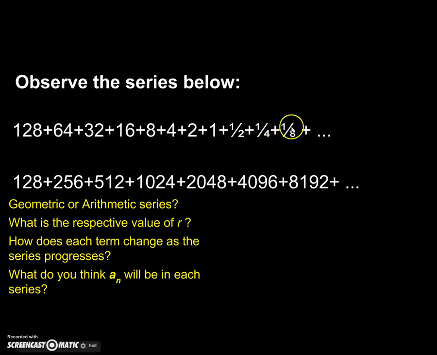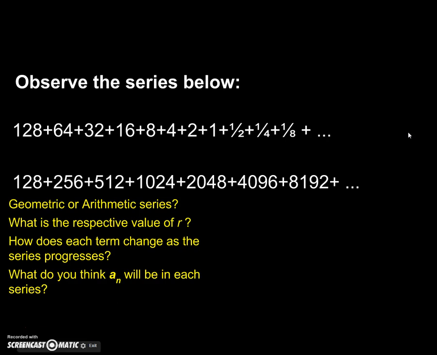Okay, so let's take the first one. The individual term, as we already discussed, is going to become smaller and smaller, right? So this is one, then half, and then the next one is 1/4, then 1/8, 1/16, 1 over 32, and it becomes smaller and smaller and smaller. What do you think the last term is going to be?